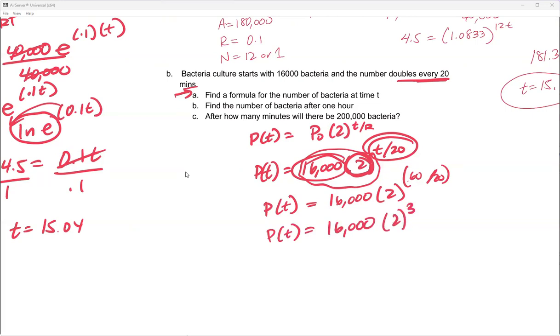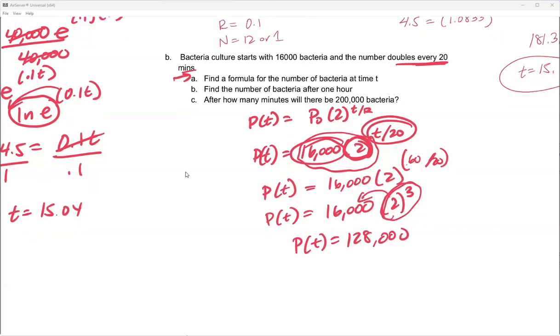What's 2 to the 3rd power? 8. 8 times 16,000 is what? 128,000. So P of T is equal to 128,000. Just notice that I did the order of operations first. I did this first, and then I multiplied by 16,000.